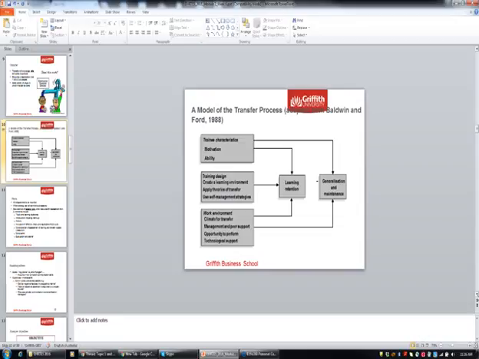So on the left hand side we need to think about trainee characteristics. The programs that we run have to fit with the person's needs, their motivation and their ability. So if a person feels like they need the training, they're going to benefit from it, they will be more motivated.